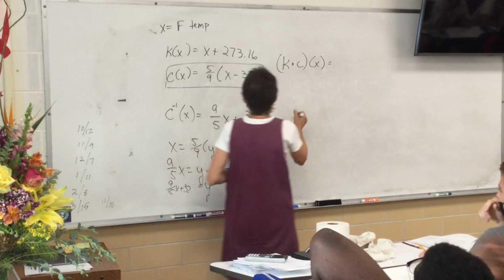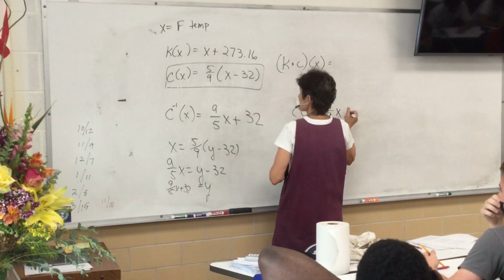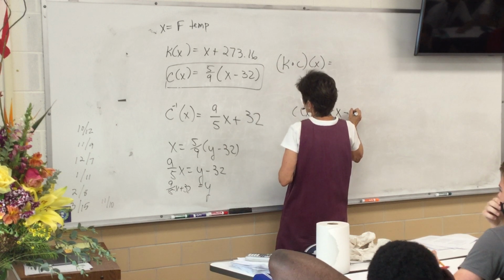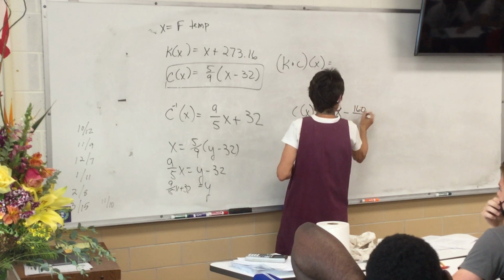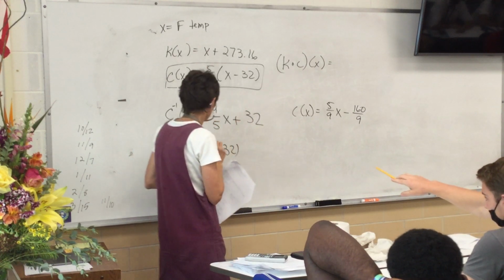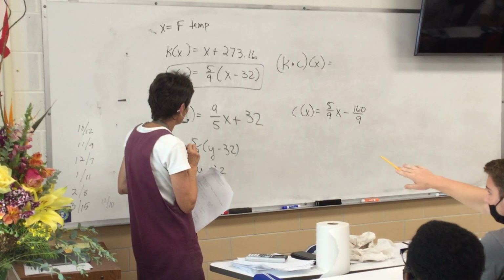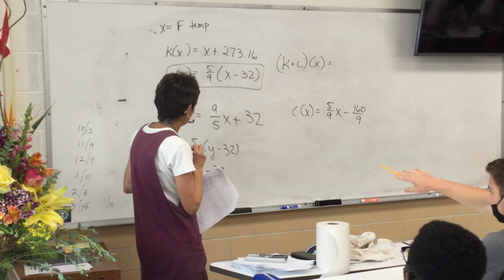You could, but if you did that, you'd have 5/9 x minus 160 over 9, is that right? But it wouldn't be like 9/5 x plus 32. You would still have to distribute the 9/5, right?